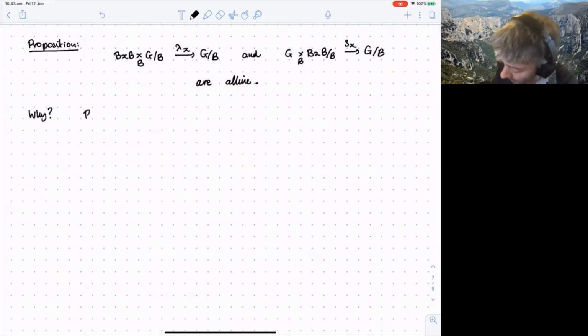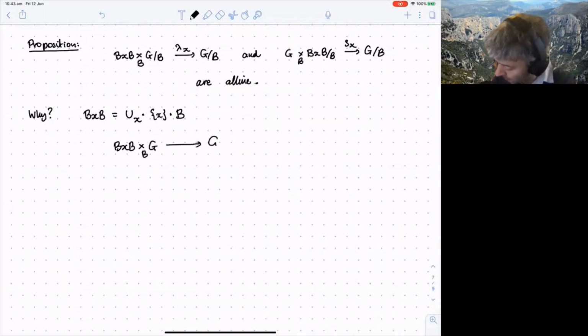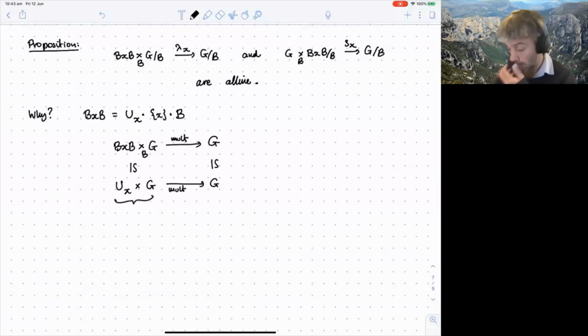So remember that we can write BxB to be Ux times some representative of x times B. So if we look at lambda x, if we look at here the multiplication, this is isomorphic to Ux times G. And so this is a unipotent subgroup.